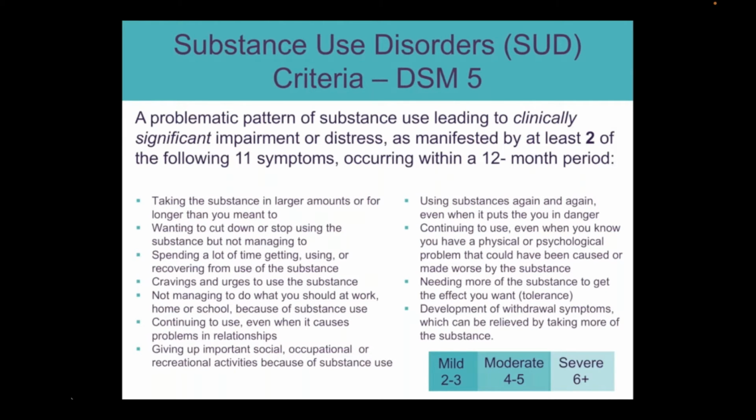And then the last two have to do with physiologic dependence. The first one is needing more of the substance to get the same effect. As we all know, that's tolerance, or the development of withdrawal symptoms, which can be relieved by taking more of the substance.